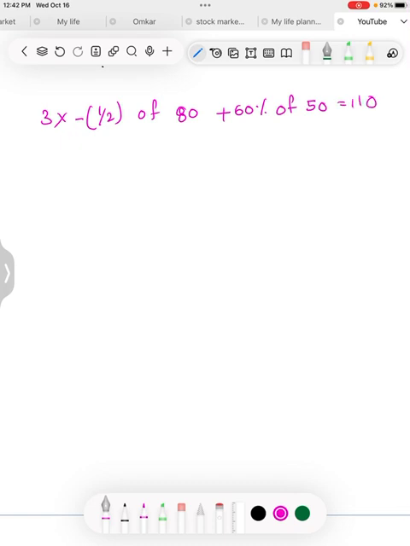So here we have to calculate this. Let's go for simple things. Don't get confused. Go for simple things.